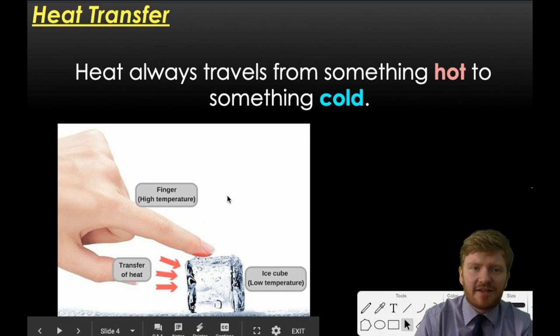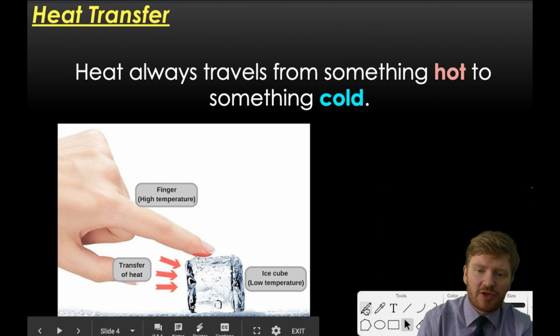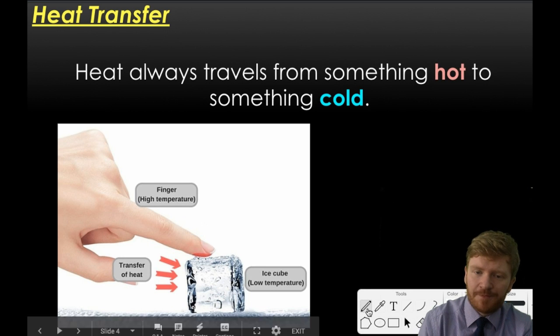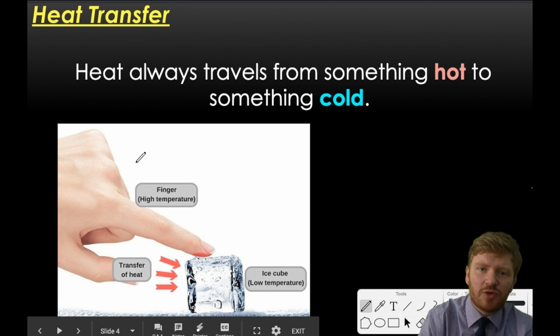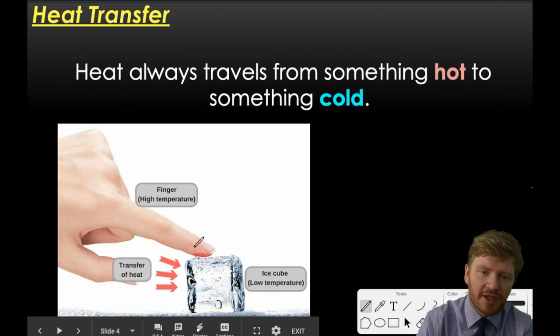So here's an idea of basic heat transfer. We often feel something feeling cold when we touch an ice cube. However, what this tells us is that heat always travels from something that is hot to something cold. The energy itself always goes from the hotter thing into the colder thing. So in this case, if your finger touches an ice cube, what's actually happening is the energy is moving from your finger into the ice cube.